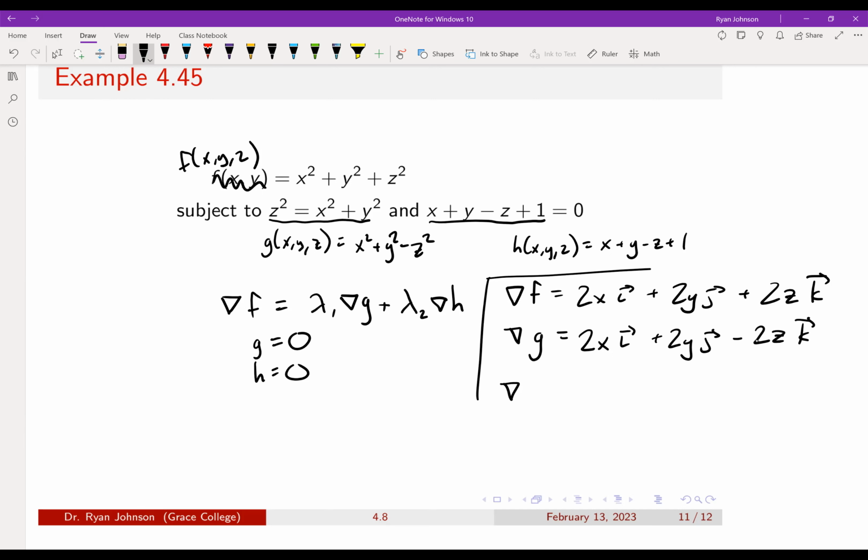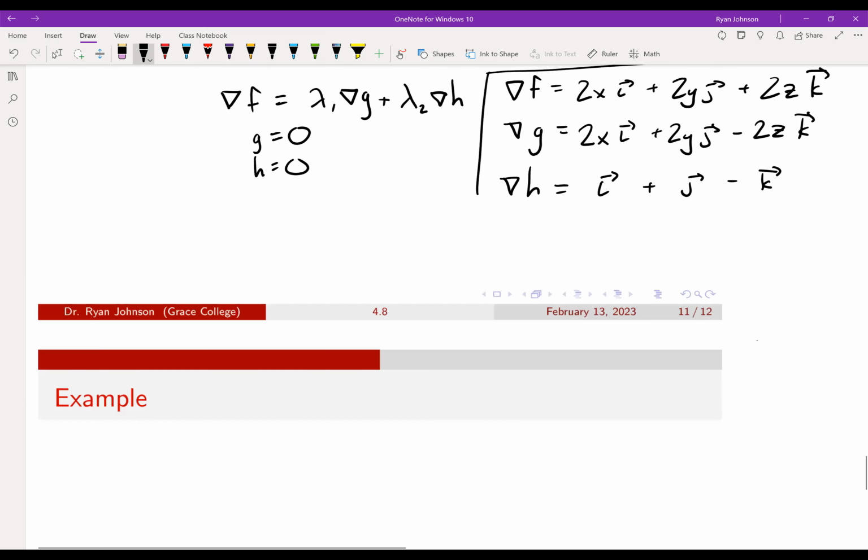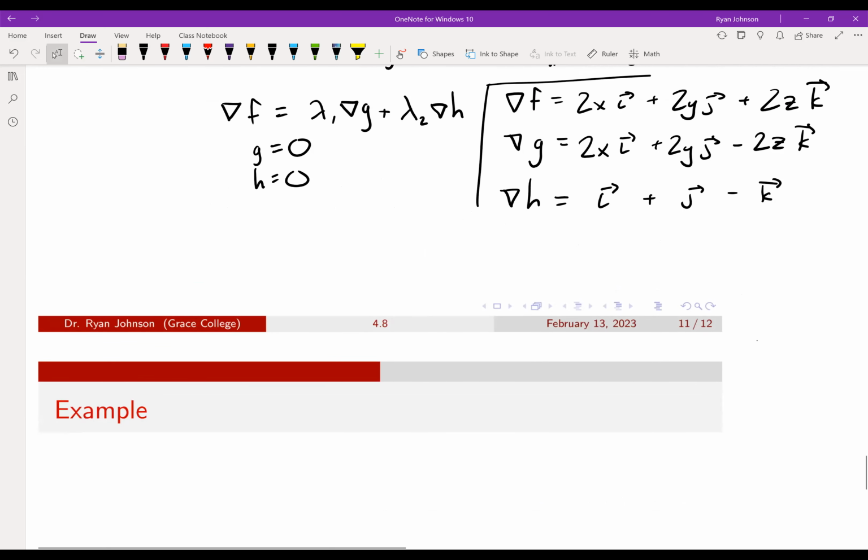And the gradient of h is going to equal i plus j minus k. Well, this is going to give us three equations.